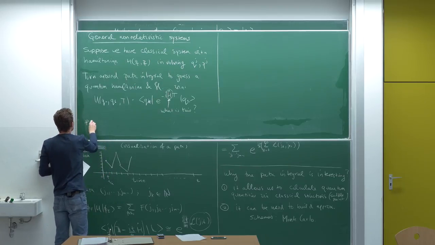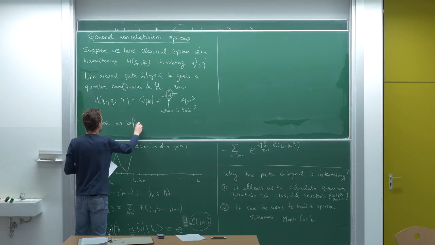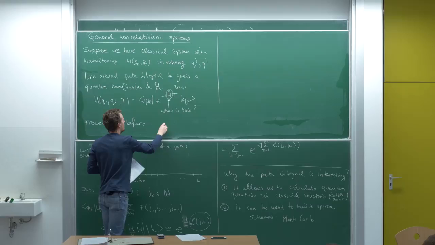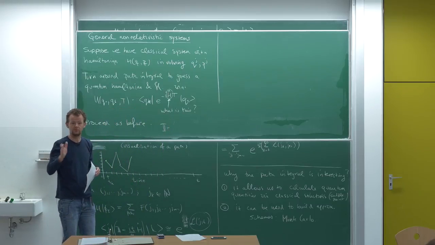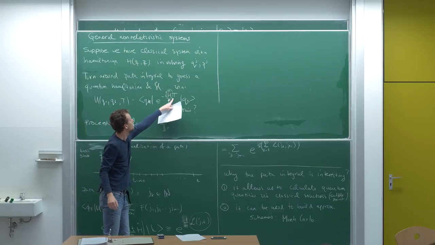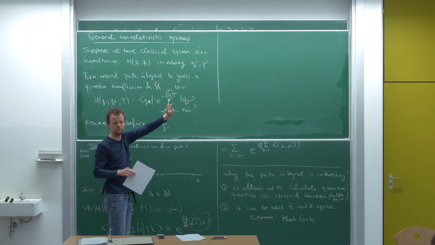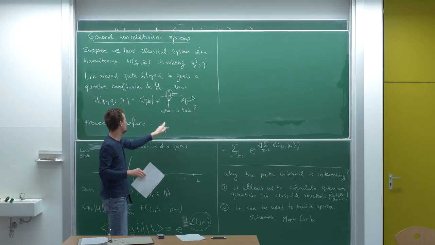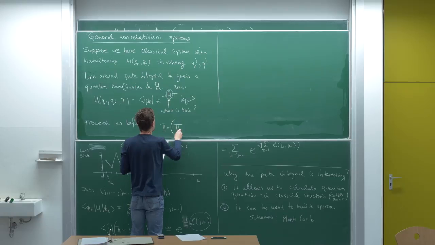We're going to proceed as before, and insert the completeness relation between each of the products of exponentials. So we first write E as a product of smaller exponentials, then we insert these completeness relations between each exponential.